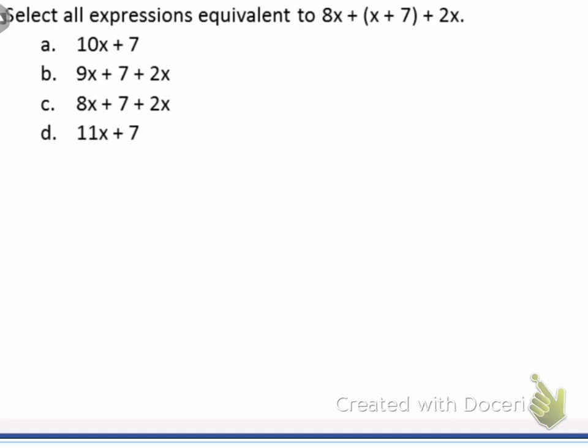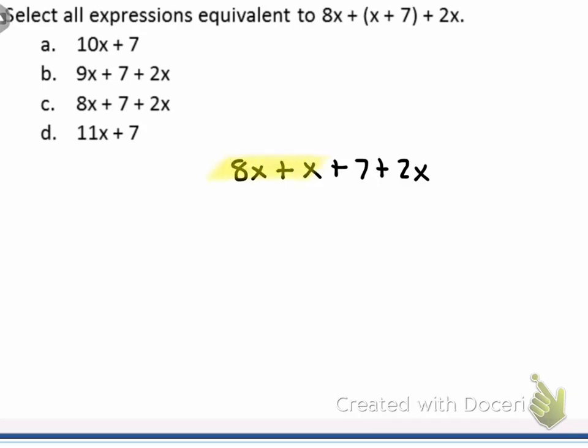Select all expressions that are equivalent to 8x plus x, parentheses, x plus 7 plus 2x. So, again, let's rewrite this. So it'll become 8x plus x plus 7 plus 2x. And I'll highlight my like terms.